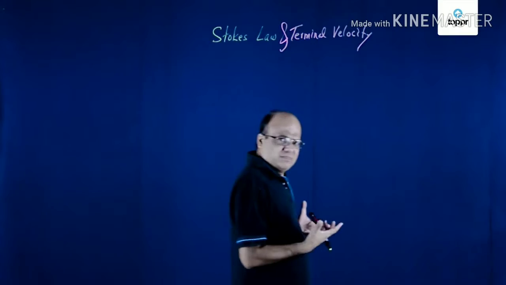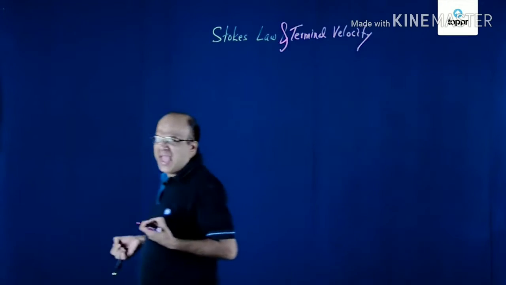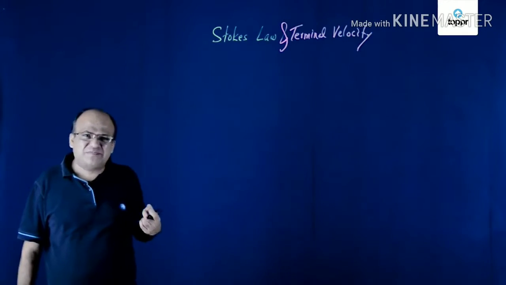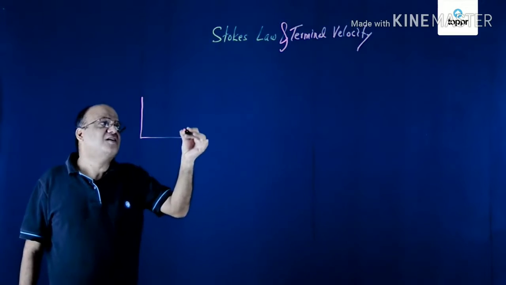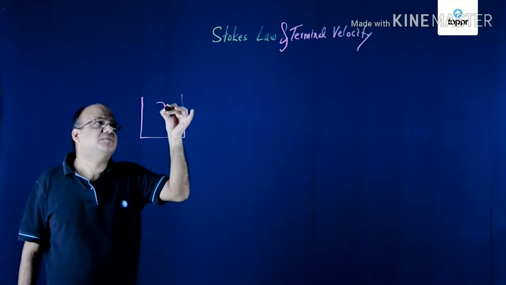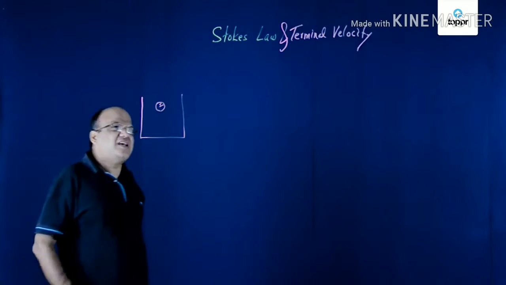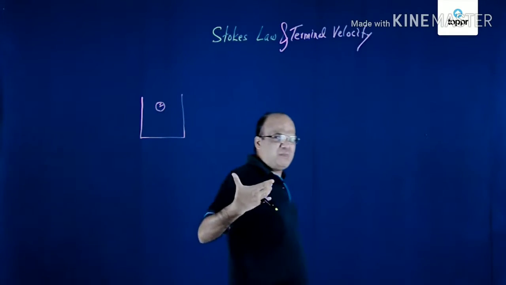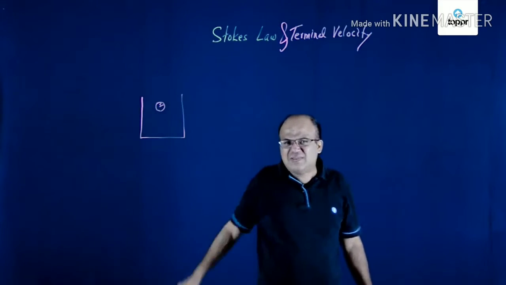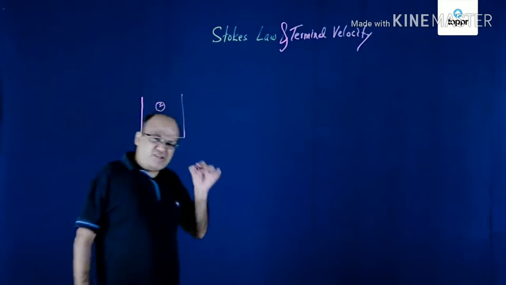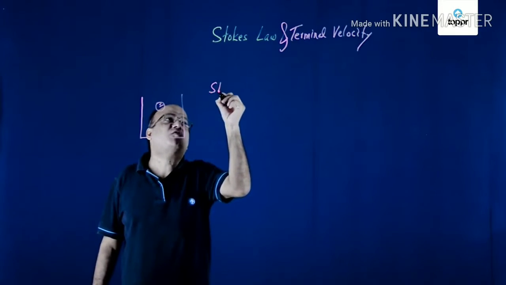In this lesson, we are going to learn about Stokes' law and terminal velocity. If a spherical object of radius r is moving through a column of viscous liquid, then the viscous force on this body is given by Stokes' law.